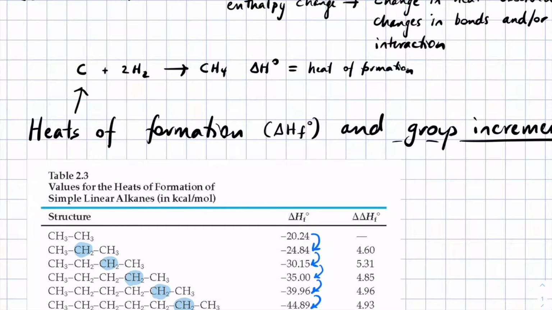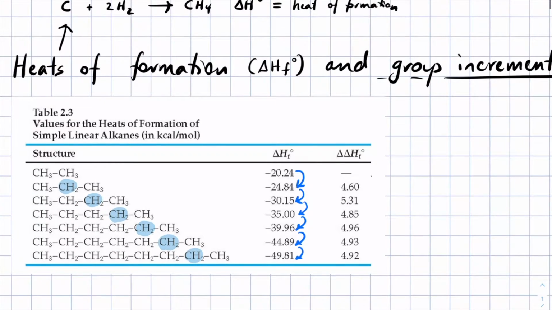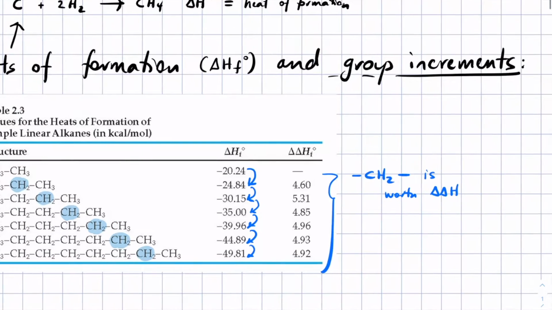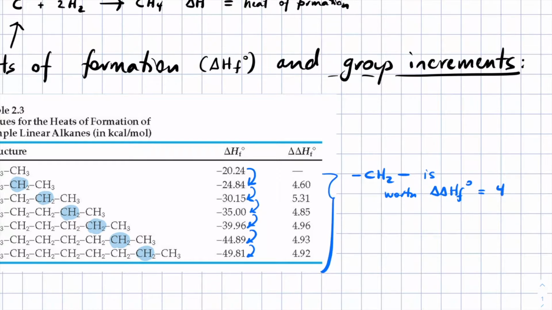And if you do this for enough alkanes, you can come to the conclusion that adding a methylene group will change the heat of formation of your molecule by about 4.93 kilocalories per mole.